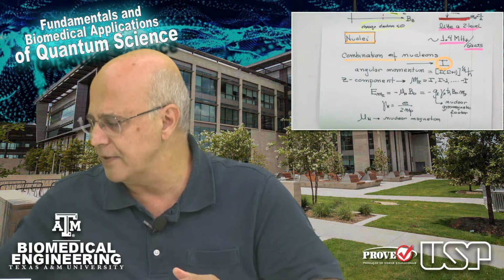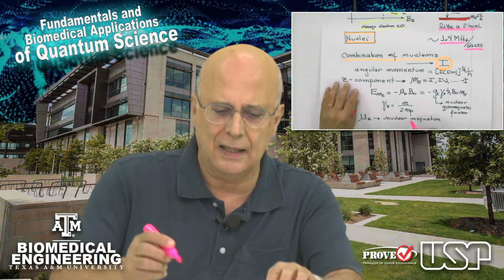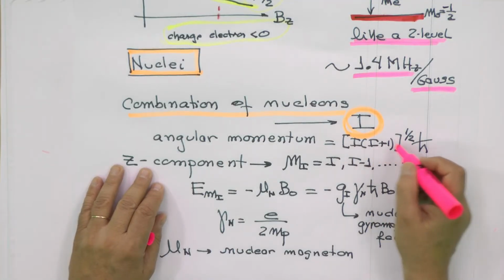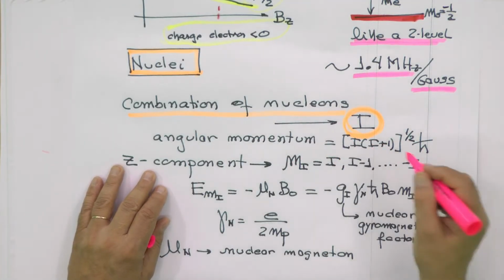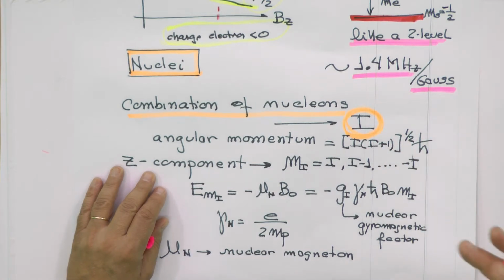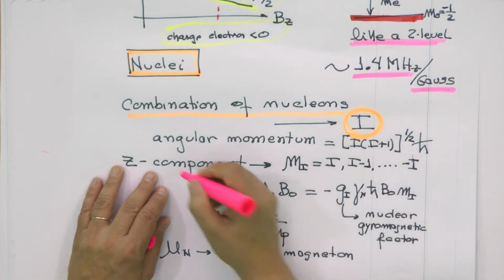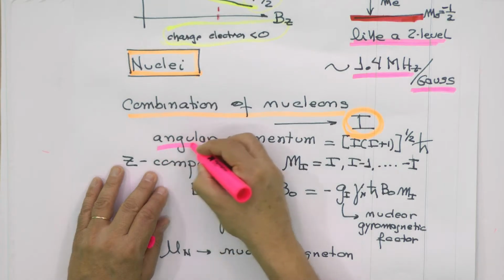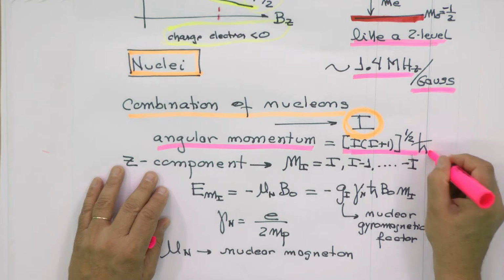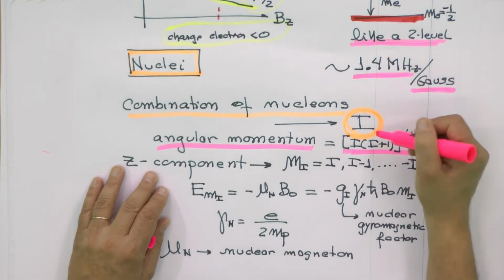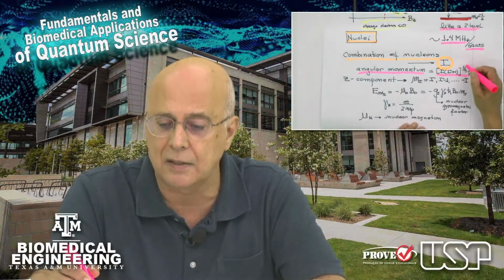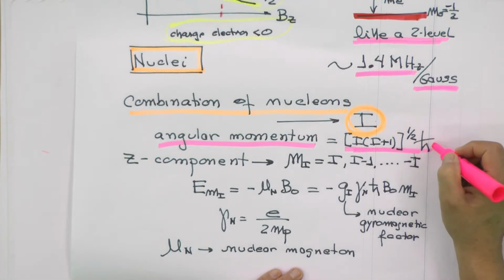And that represents a total angular momentum, which is given by, remember, the total angular momentum is L(L+1) squared. So the total angular momentum we have, due to the spin of the nucleus, is the value of I times I plus 1, that comes from quantum mechanics, to the 1/2 times h bar.